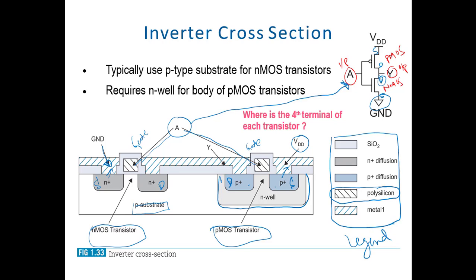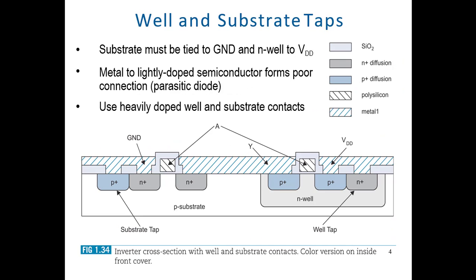This is Y, which is your output, and Y is basically shorting the drain of PMOS with the drain of NMOS. So this is the layout of the CMOS inverter. Let's go to the next slide.